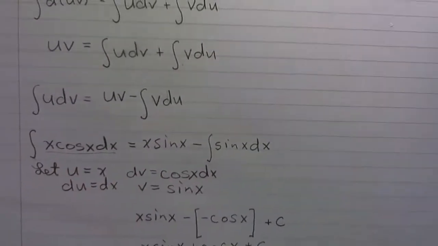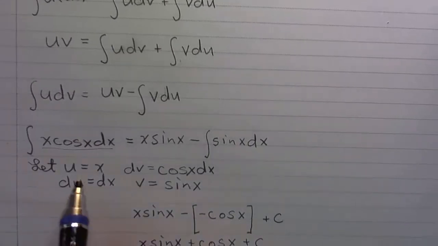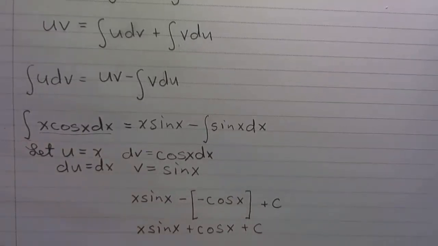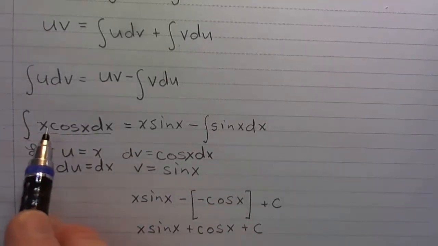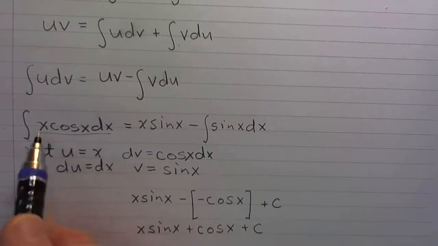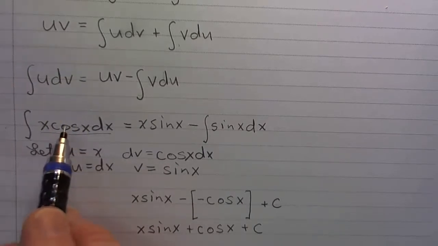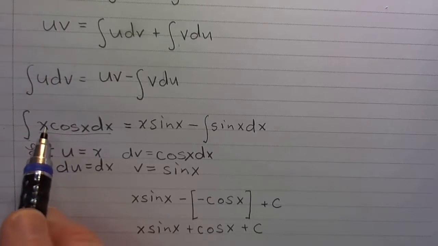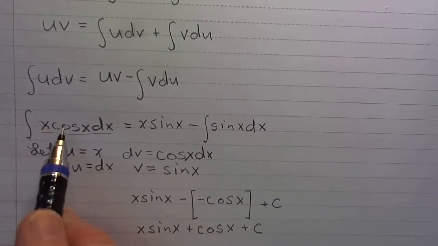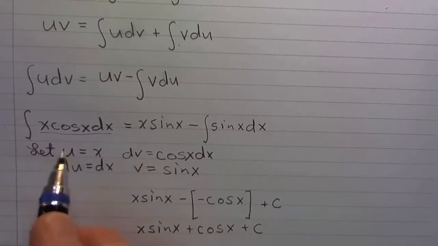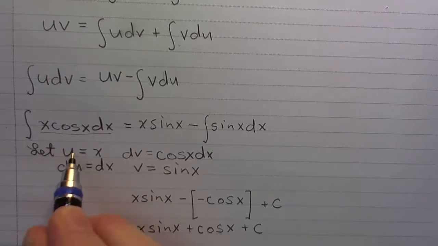Now, I want to point out something. There may have been a question: how do you know what u is and how do you know what dv is? How can you make a wise choice? Well, notice what was vexing us with this problem was that we had an x cosine x, the fact that the cosine was with this x. Notice that when I assign u, I'm going to differentiate u.